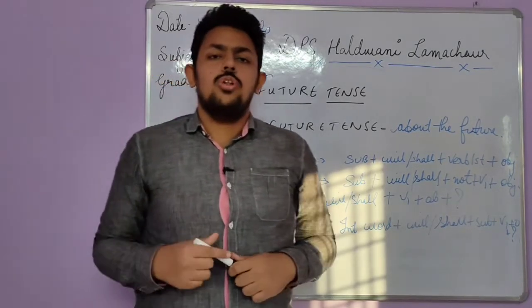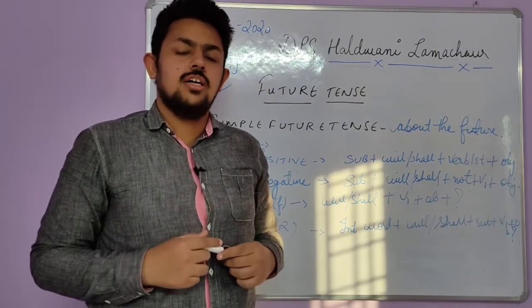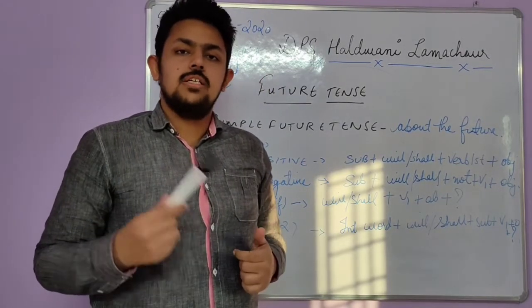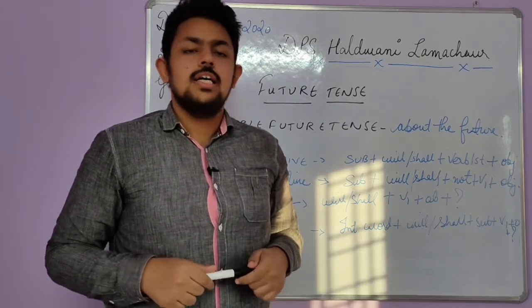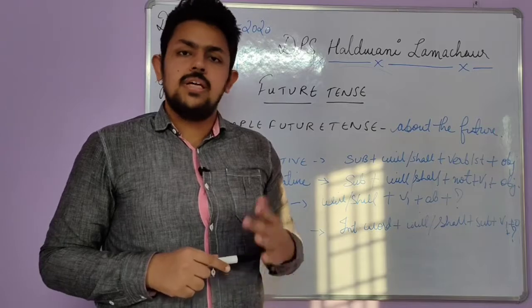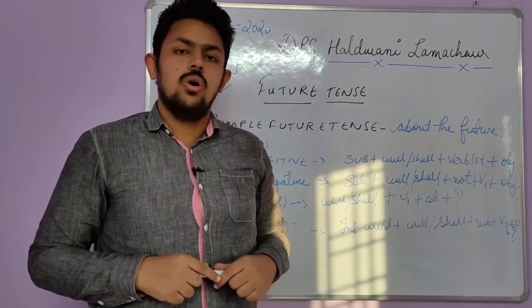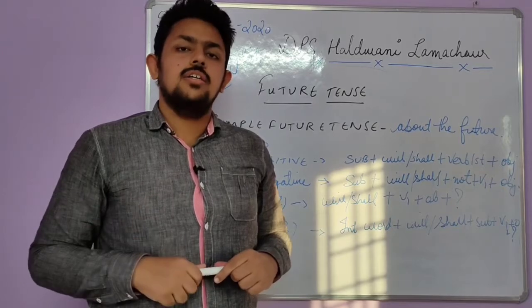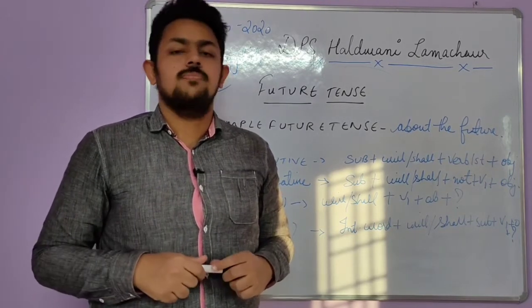As I told you in the previous videos, there are 4 forms of each type of tense: present, past and future. All the forms are the same. First one was simple present, simple past and simple future. Second will be what? Present continuous, past continuous and future continuous.